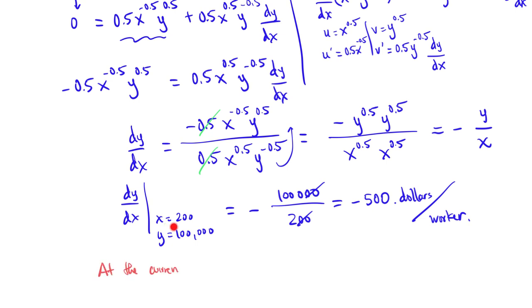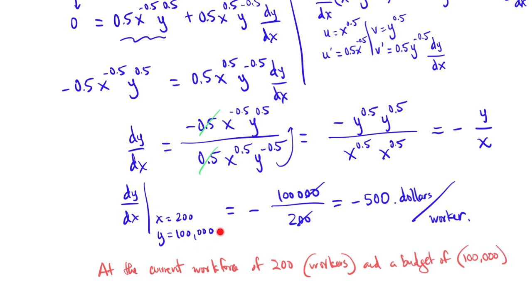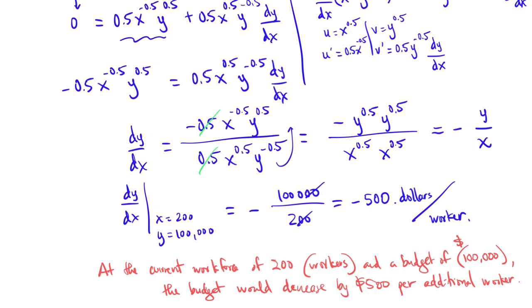When the number of employees is 200 and the budget is $100,000, put in another way, if there are 200 workers, and if they invested $100,000 into the budget, then they will lose $500 per worker, meaning if they hire one more worker, they would lose $500.